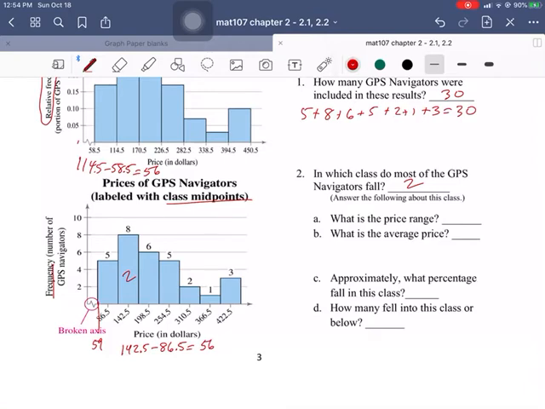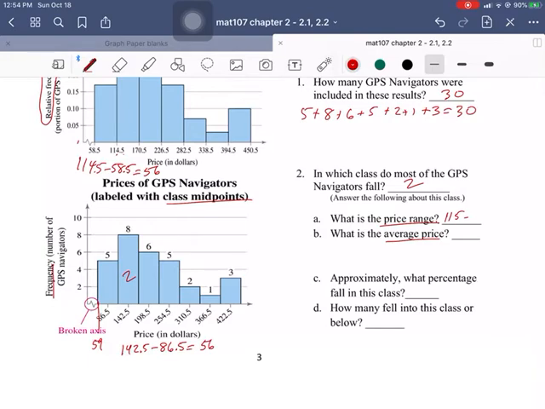What is the average price? First, let's get the price range of class 2. It's easier to look at the boundaries. If that is 114.5, that means this is 115.